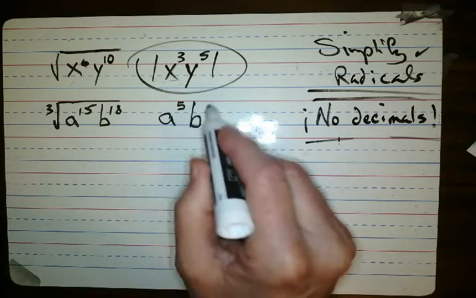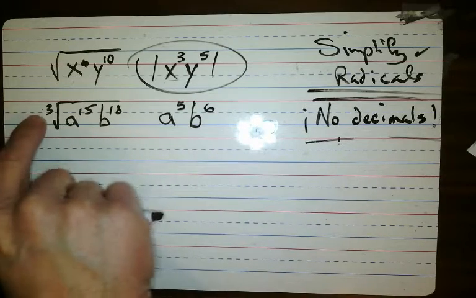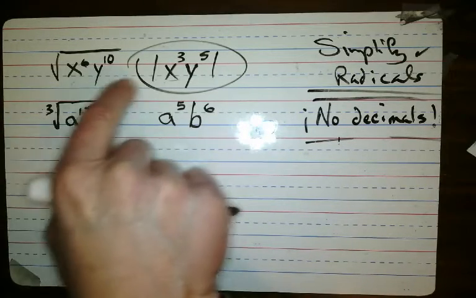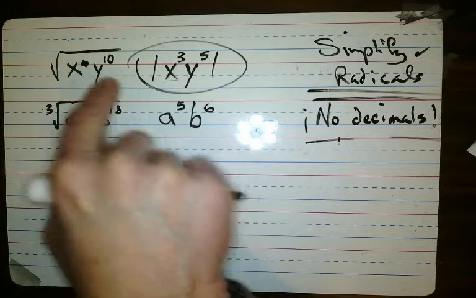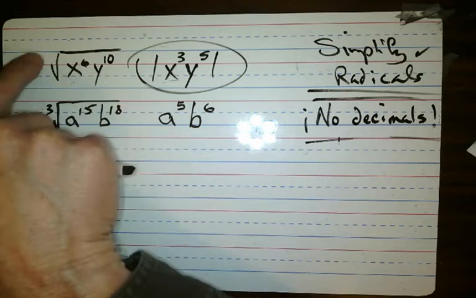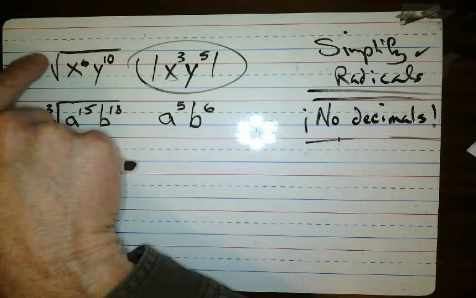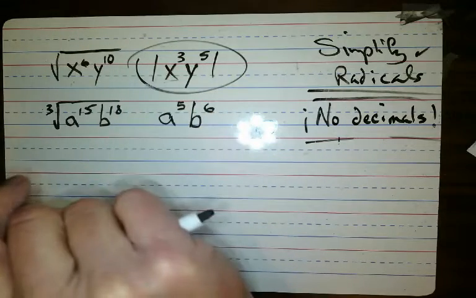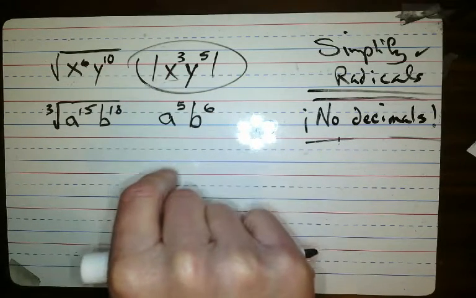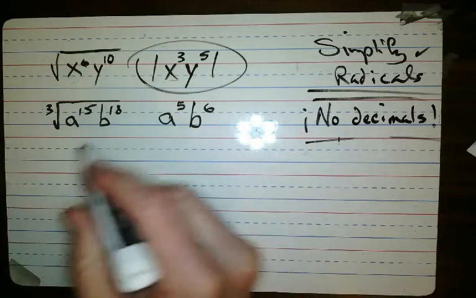It does 6 times. Now, if it's an odd root, like a cube root, you don't need the absolute value. So that's totally fine, right? The only time you need an absolute value is if it's an even root and your answer is an odd exponent. Okay? Ta-da! Let's do some more.